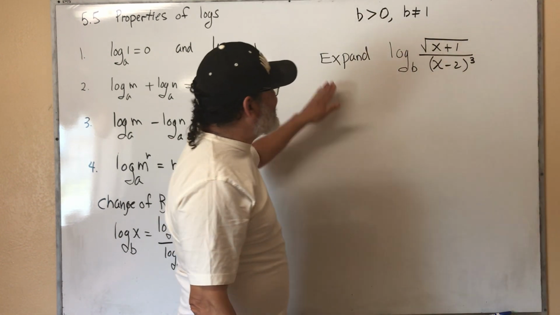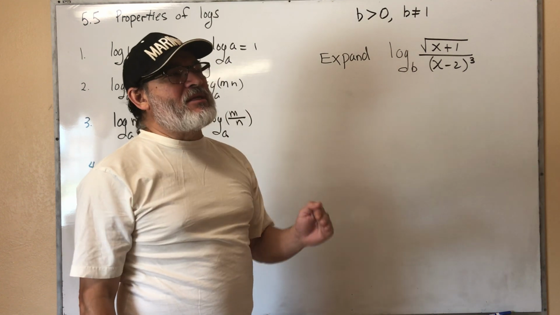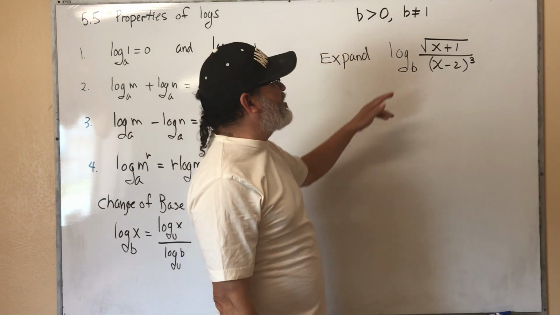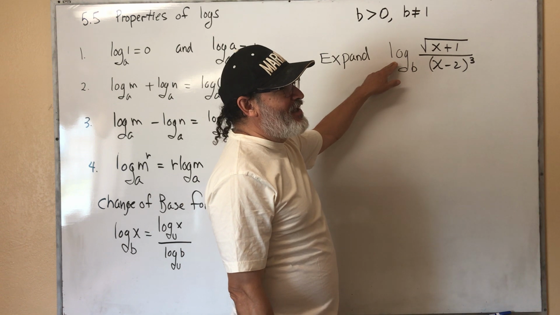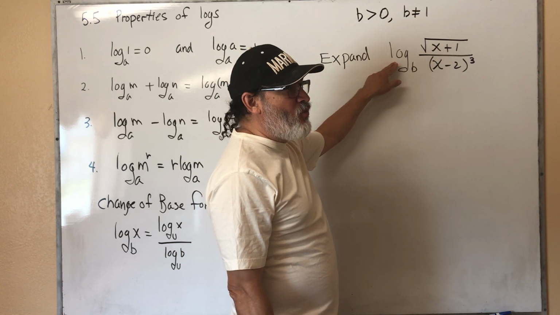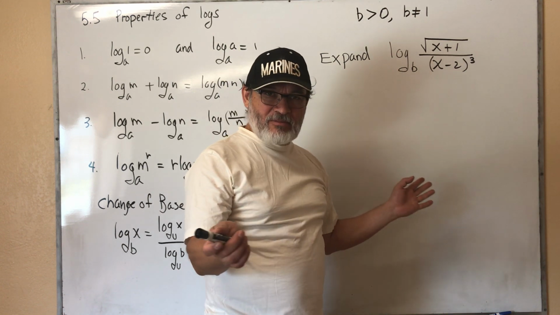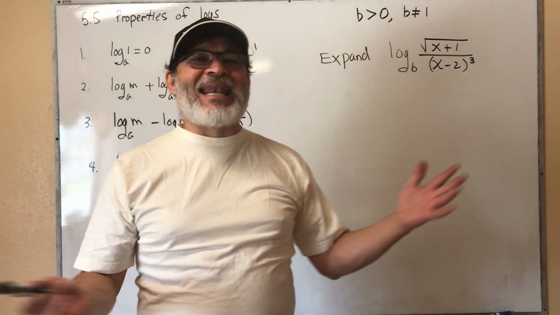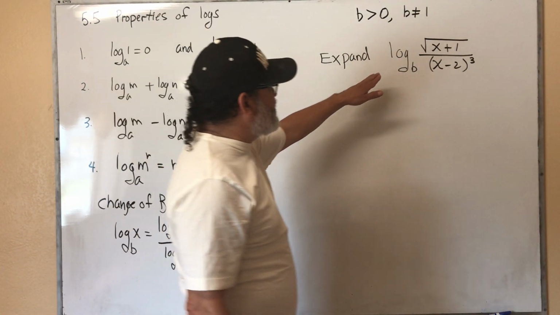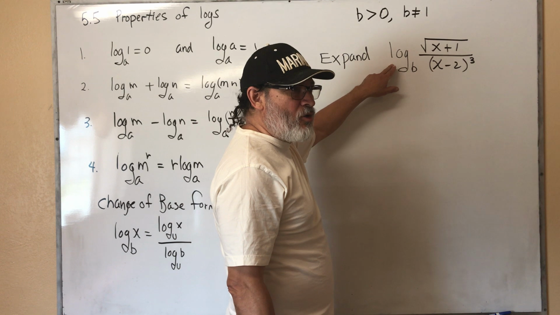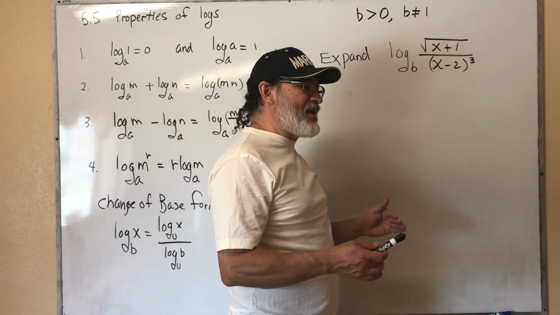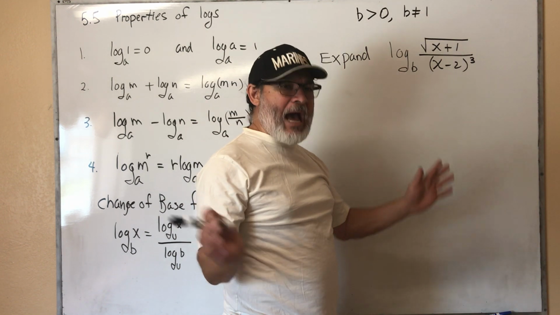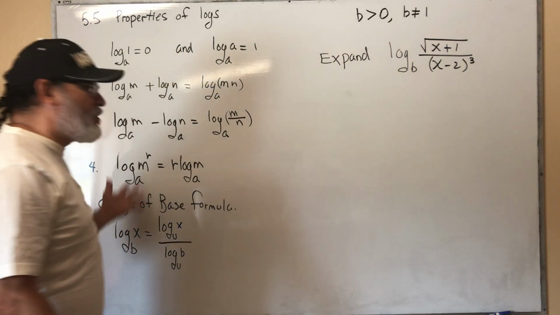When we say expand, that means that we're going to take this logarithm and express it with many logarithms. That's what it means to expand. This is a single logarithm. We are going to make it into many logarithms. How? Using the properties.